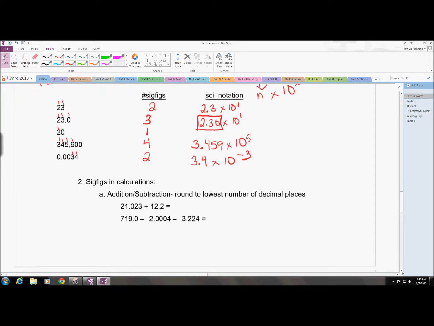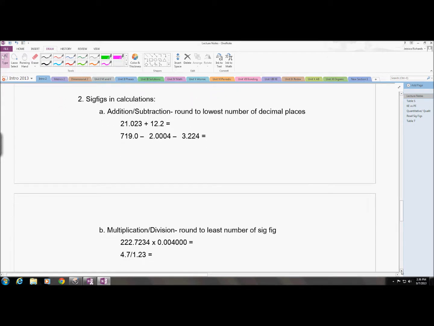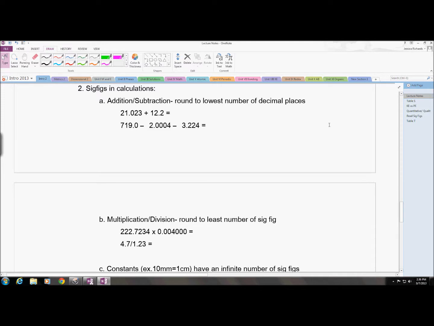So in calculations, you're going to have different rules depending on which math function you're doing. If we are adding and subtracting, we don't worry about significant figures, we worry about decimal places. So in addition and subtraction, we're worried about how many decimal places our numbers have.